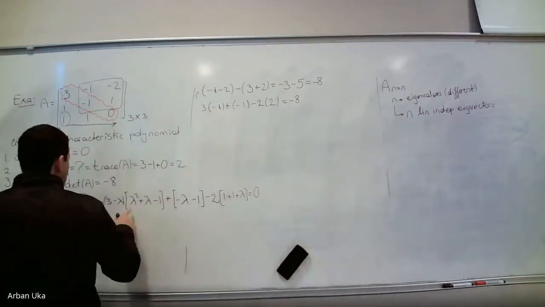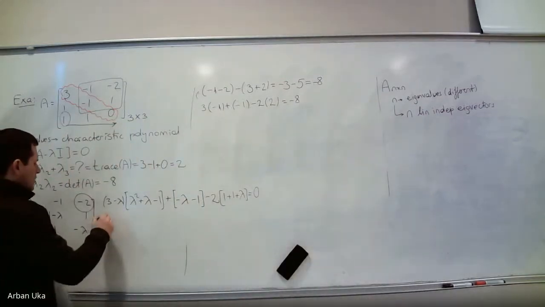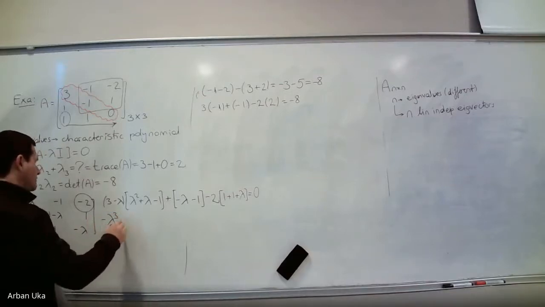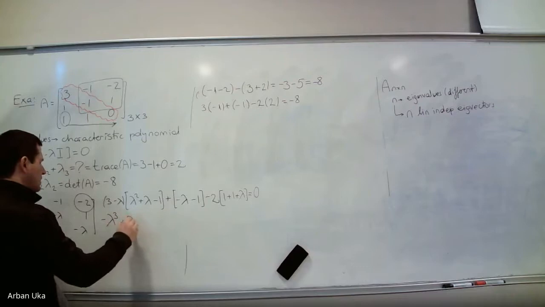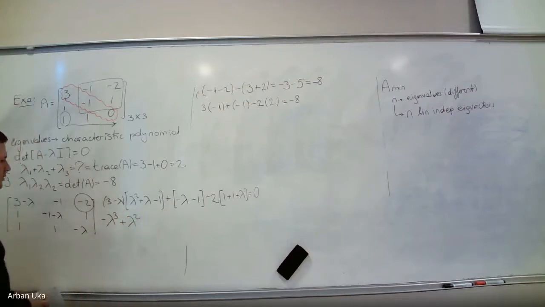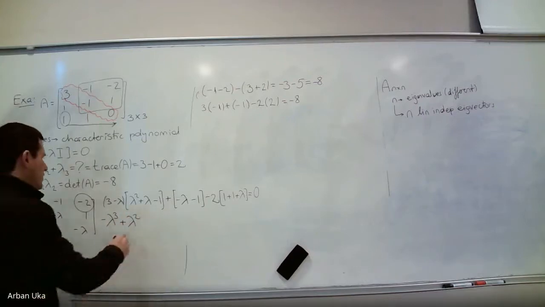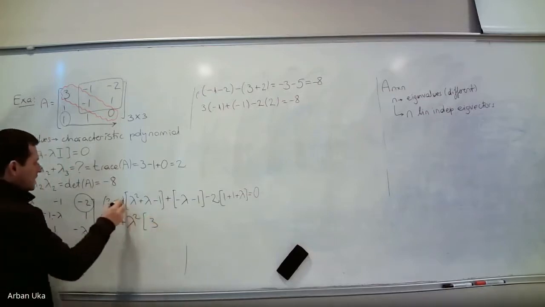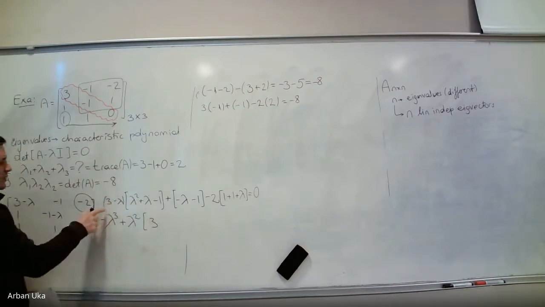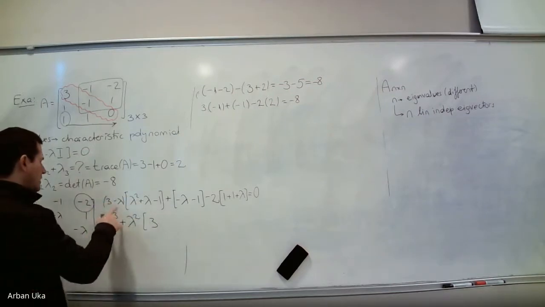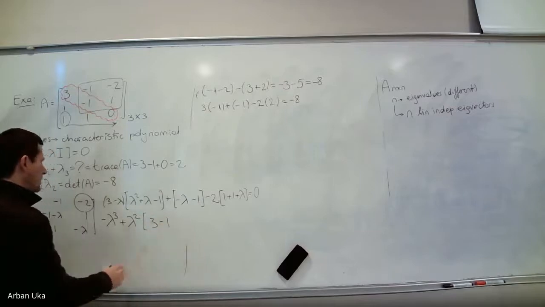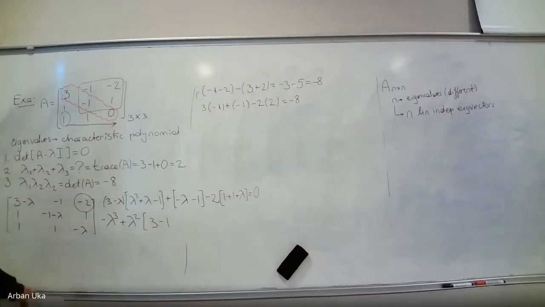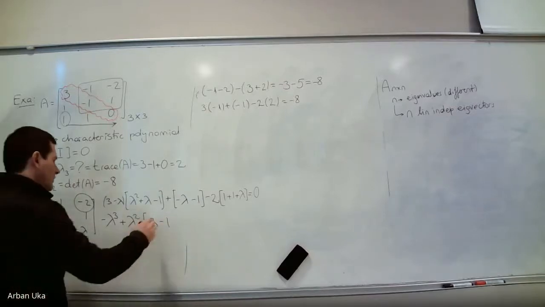And then let's look at the terms. So the first term is minus lambda cubed plus lambda squared. And what are the terms that we can obtain for lambda squared? Here we have 3 is the multiplication of the lambda squared with this 3 minus 1. And then any other lambda squared, this is all, I believe.